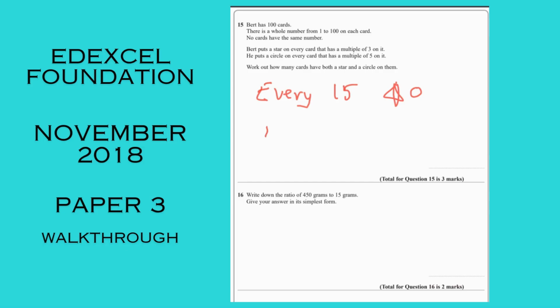So you could list them, you could work it out, but you've got 15, 30, 45, 60, 75, and 90. You don't have to list them, but it's a safe option.